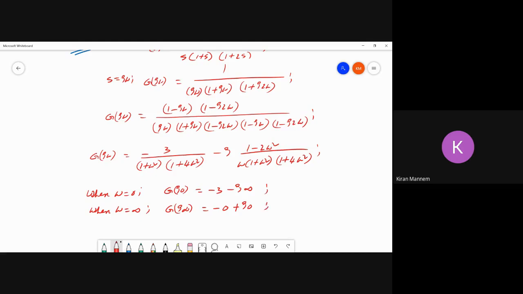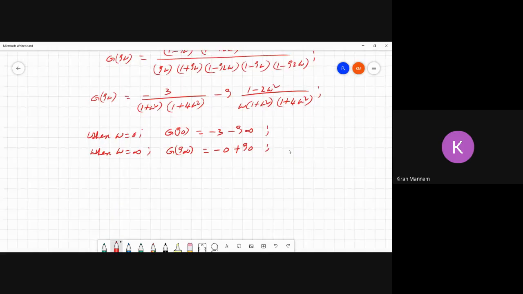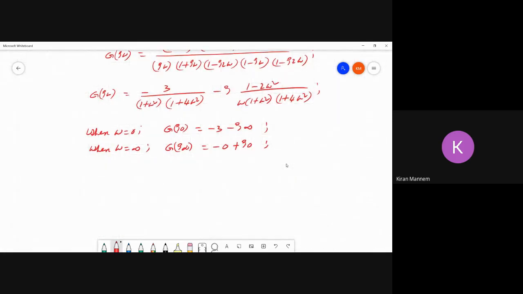So this is how you can find the first point and the last point. Look at the quadrants. The first point, minus 3 minus j infinity, is in the third quadrant, and the last point would be minus 0, that is real value 0, and this would be in the second quadrant.